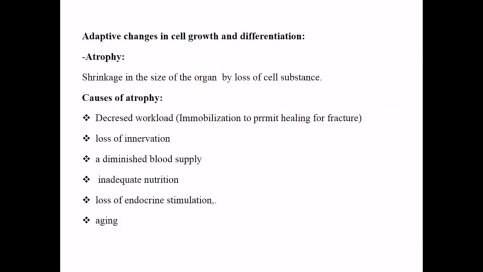There are different morphological appearances of adaptation. First, atrophy. It is shrinkage in the size of the organ by loss of cell substance.